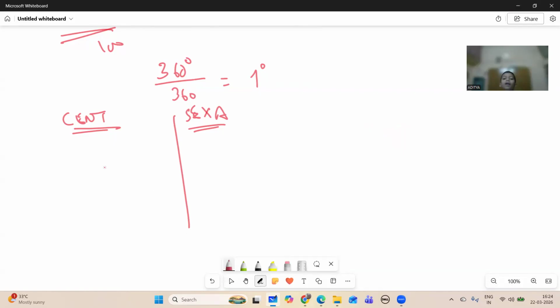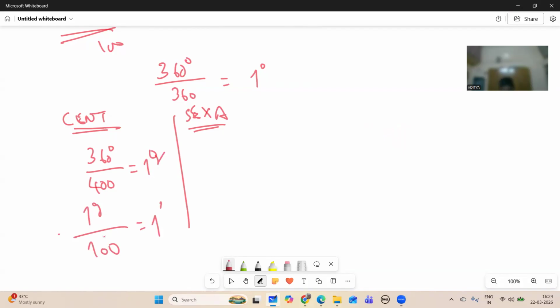So 360 degrees is subdivided into 400 parts, and each is called 1 grade. Then this 1 grade is subdivided into 100 equal parts, each called 1 minute.